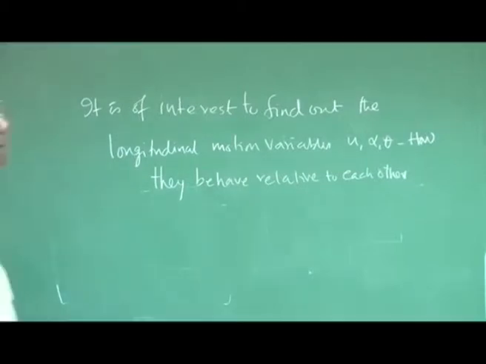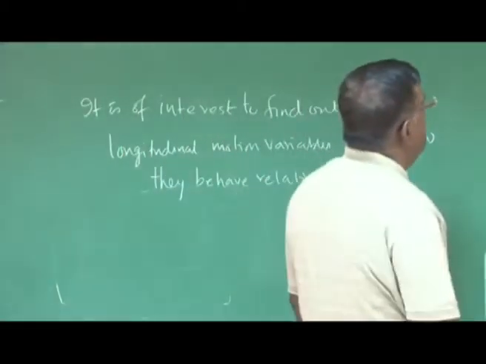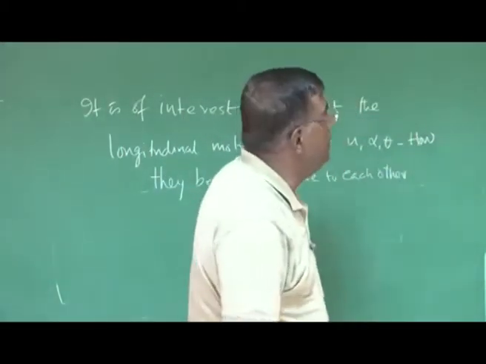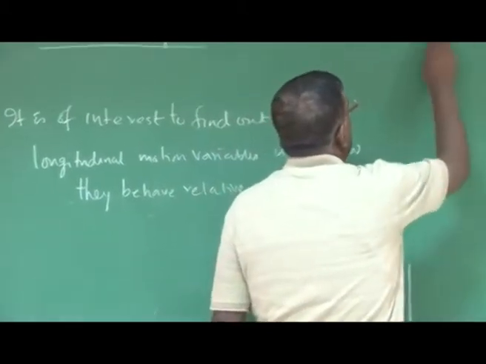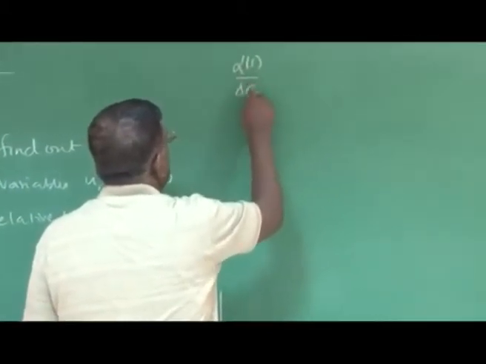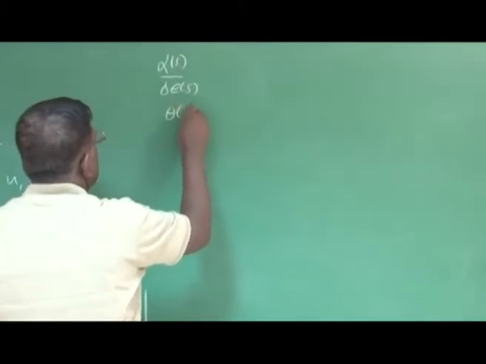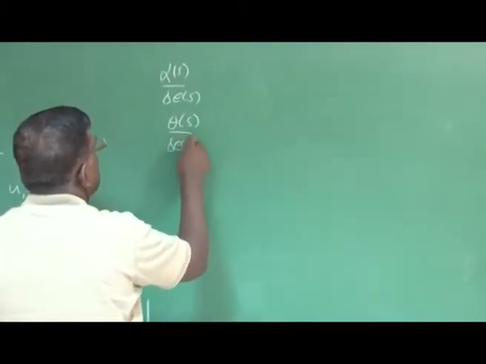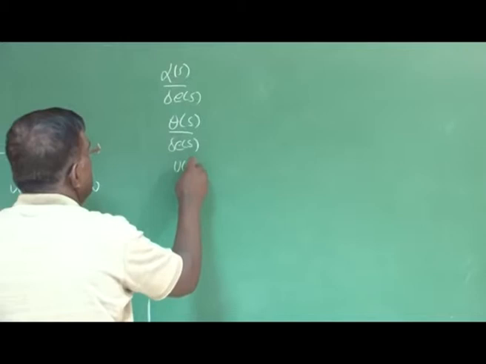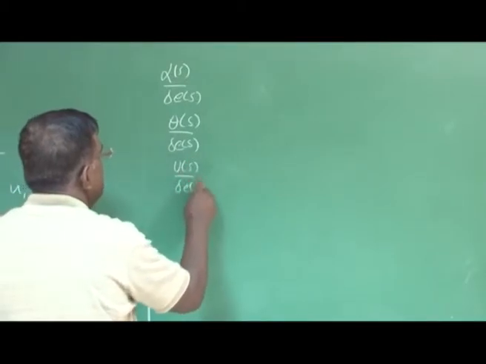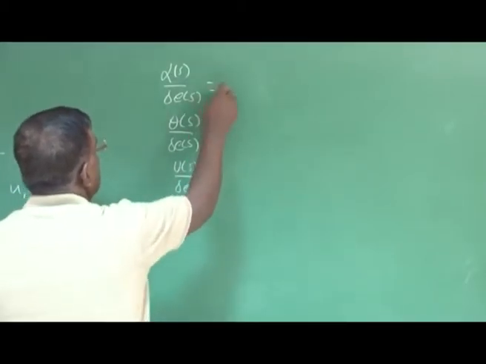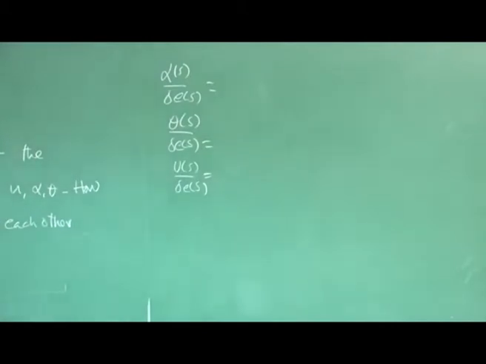Remember, when we initially did the dynamic stability postulation, we have seen alpha of s by delta E of s, theta of s by delta E of s, u of s by delta E of s, and we have got expressions in frequency domain, and we address these ratios as transfer function.